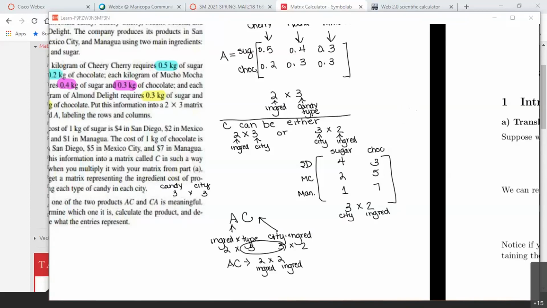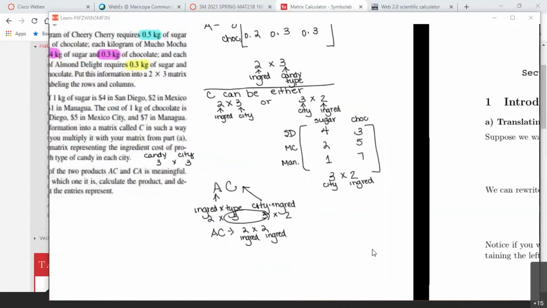Does the meaning of the rows and columns make sense if I do it like this? No. Ingredient times ingredient doesn't make sense.